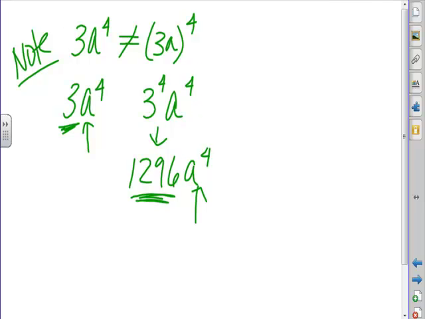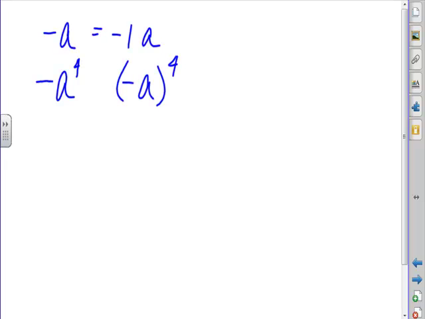Just another trouble area, I would say, is yes, it is a fact that negative a is equal to negative 1 times a. Oftentimes we don't write the 1. But it is not true that negative a to the 4th is equal to negative a in parentheses to the 4th. So be careful with that. And let me just go through this. I mean, this really is just negative a to the 4th.